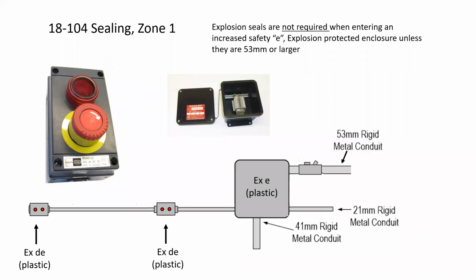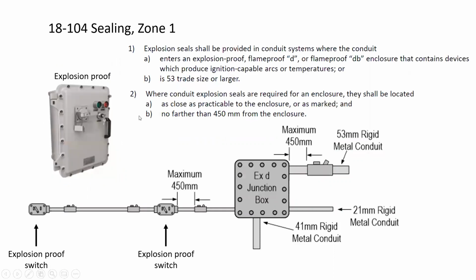Now, what will happen under 18104 if we're entering into non-explosion-proof enclosures? Well, I'm going to go back one slide and we're going to take a look at 18104 and look at Subrule 1. It says explosion-proof seals are provided in a conduit system where the conduit is 53 trade size or larger.